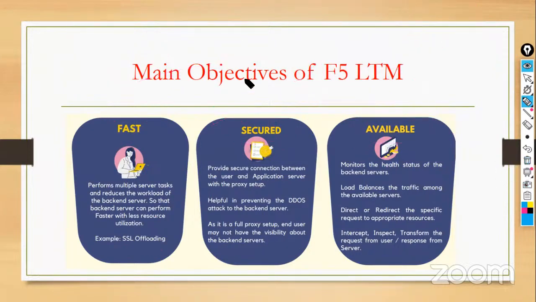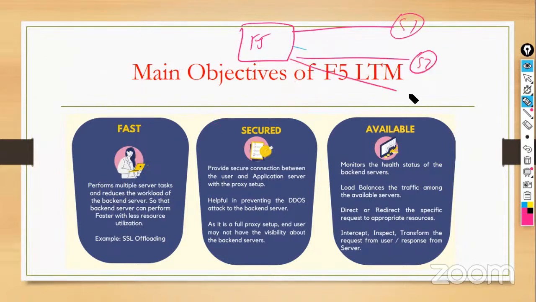So what we want to say here, for example: this is your F5, and this is your server one, this is your server two, this is your server three, with IPs 10.1.1.10, 1.20, 1.30.